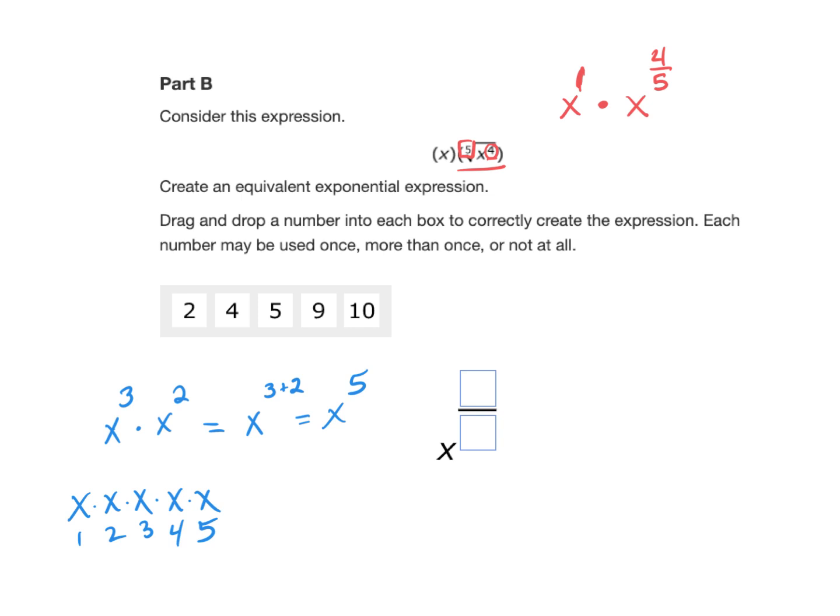The tricky thing here is that I have a whole number 1 and I have a fraction, okay? So what we need to do is do 1 plus 4/5. Okay, well obviously that's 1 and 4/5.